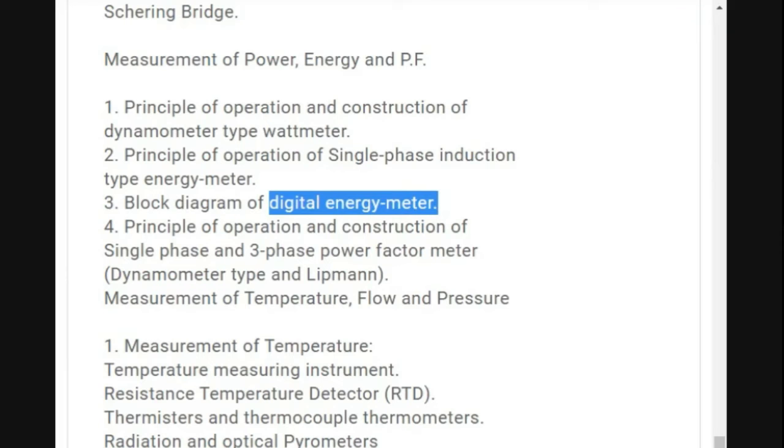Okay, so that quantity is accessible, that quantity can be manipulated, quantity can be used with the electrical circuit. But this kind of physical quantities like temperature, flow, pressure, length, these all the parameters we need to convert into the electrical parameters, so that we will be getting its accuracy.